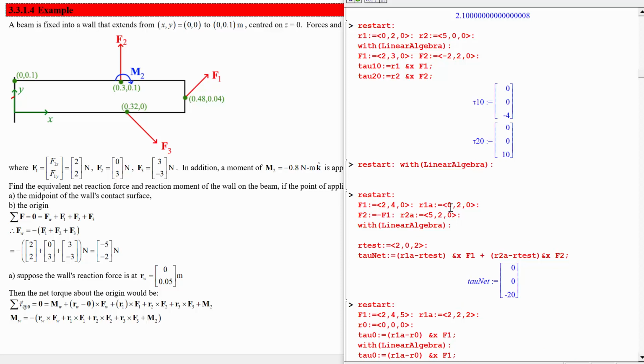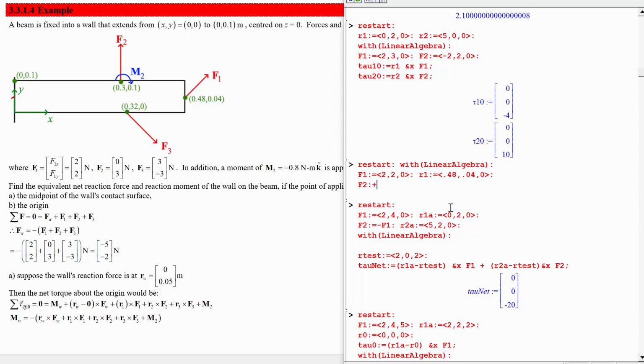Now let's add in the forces and where they are located. So F1 is equal to 2, 2, 0, make them 3 dimensions, and it is located at R1, 0.48, 0.04, and 0. F2 is 0, 3, 0, and is located at 0.3, 0.1, and 0.